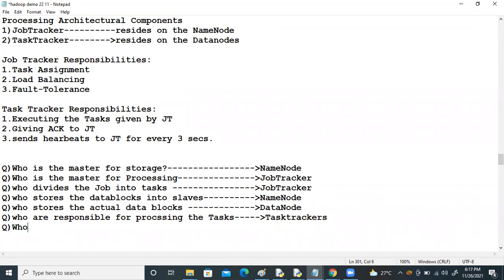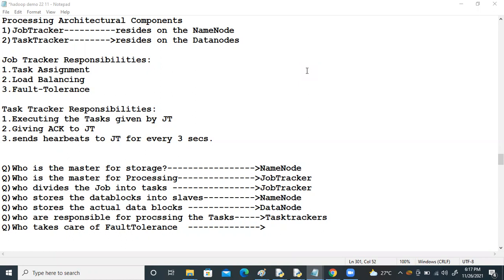Who takes care of fault tolerance? Fault tolerance means if a particular slave fails, its tasks need to be assigned to other task trackers.